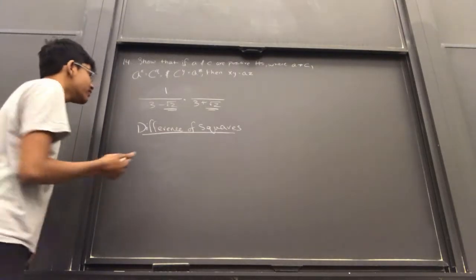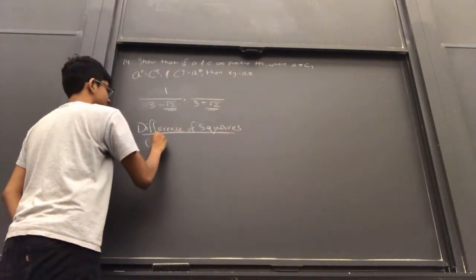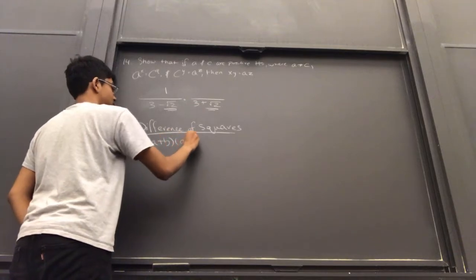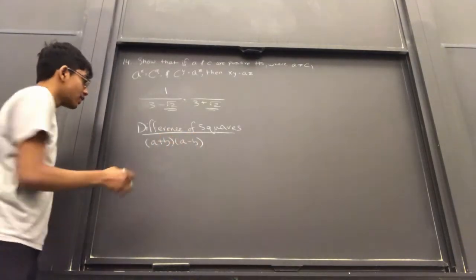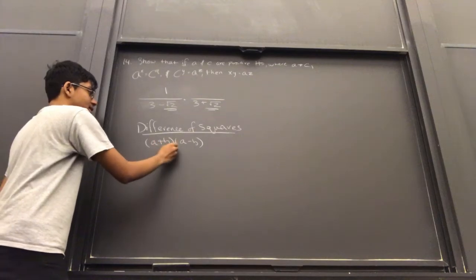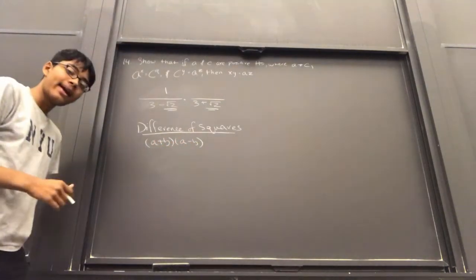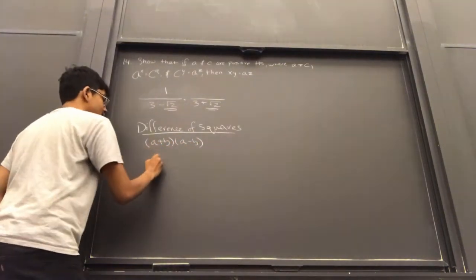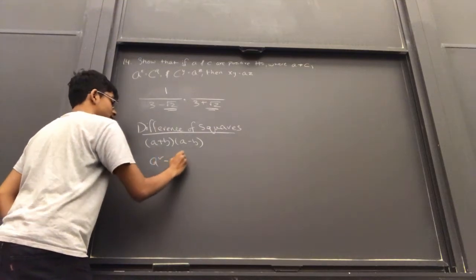Well, the difference of squares is when you have the product of two terms, a plus b and a minus b, and their product will be a squared minus b squared.